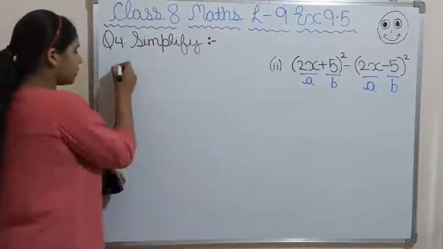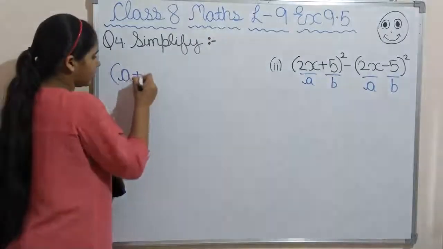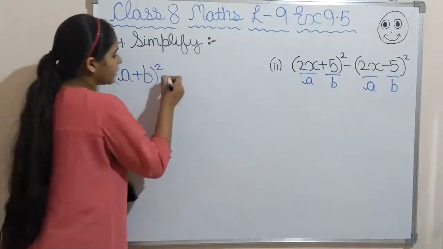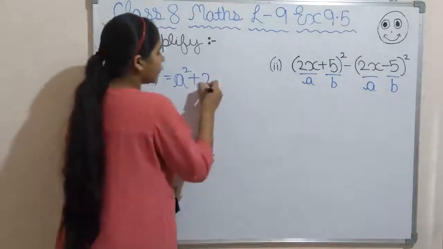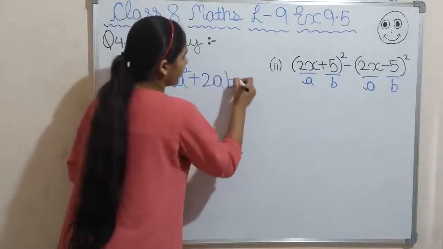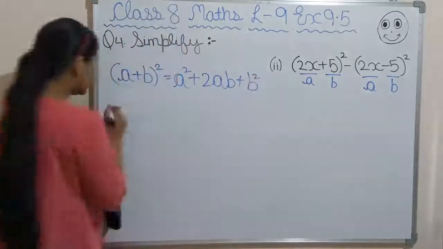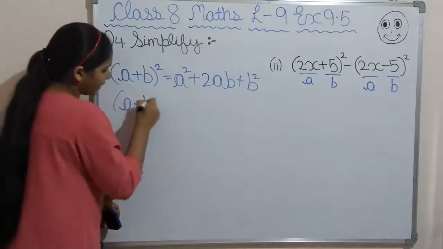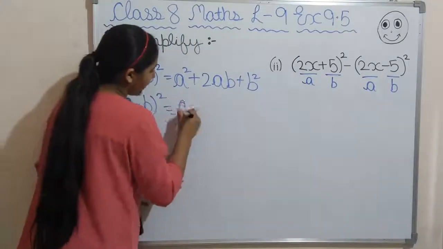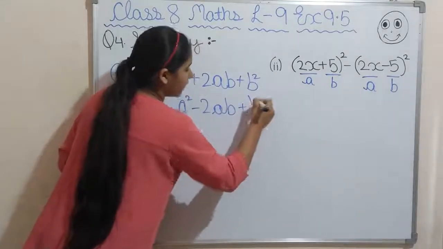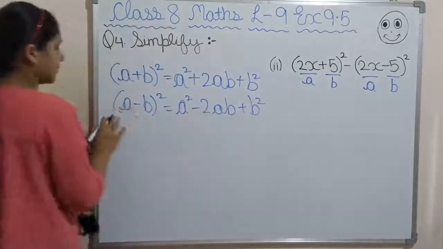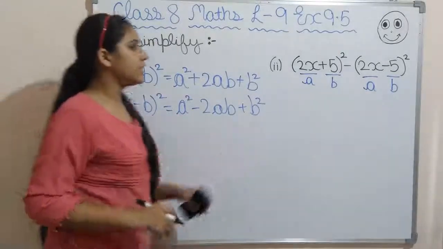I will be rubbing out the earlier one because it will take more space. So a plus b whole square is equal to a square plus 2ab plus b square. Then the second property: a minus b whole square is equal to a square minus 2ab plus b square. Okay, so this is our first and second identity, so let's use it.